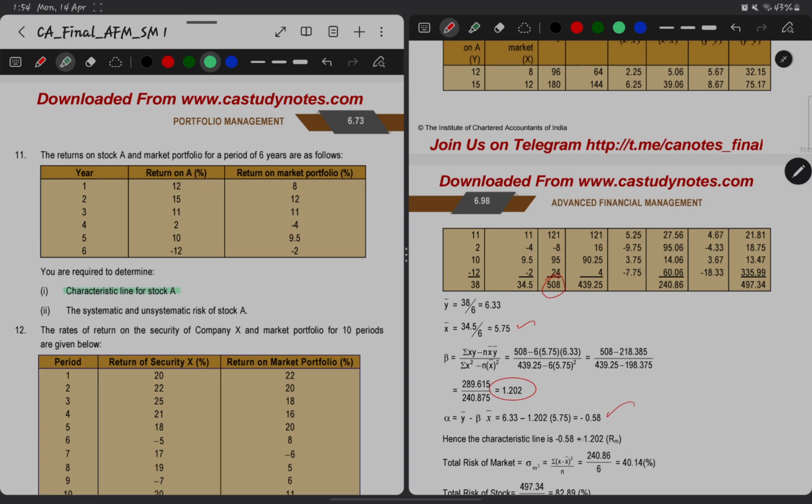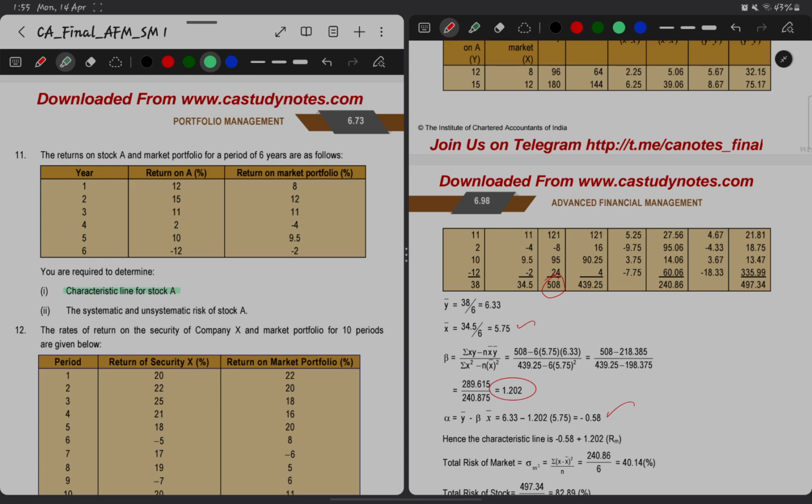Here, as we can see, alpha is minus 0.58. This signifies that even if the market return is 0, the stock gives a negative return of 0.58. Then added with beta 1.202 into market return gives us the stock's characteristic line, which signifies the relationship between the return of the stock and the return of the market.